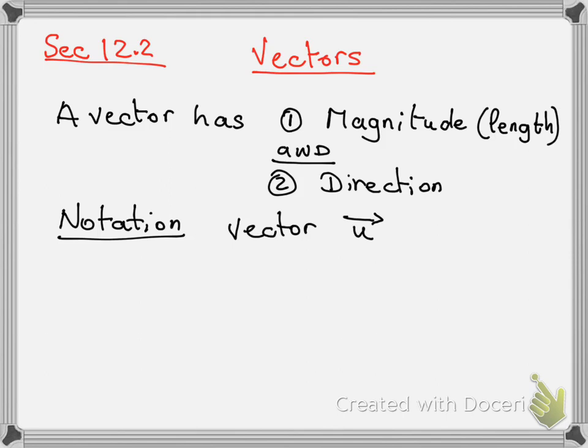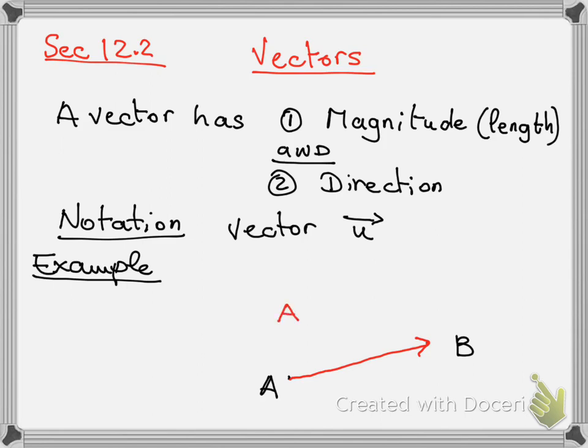For example, let's say you have 2 points, point A and here the point B. So if you go from A to B, then you have the displacement vector AB.